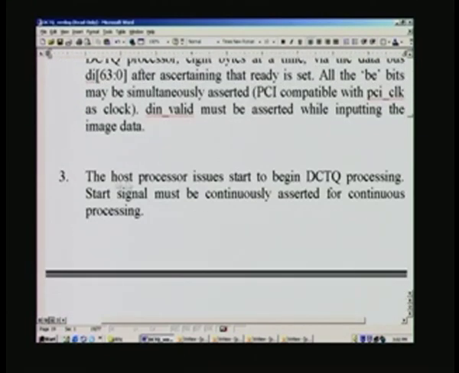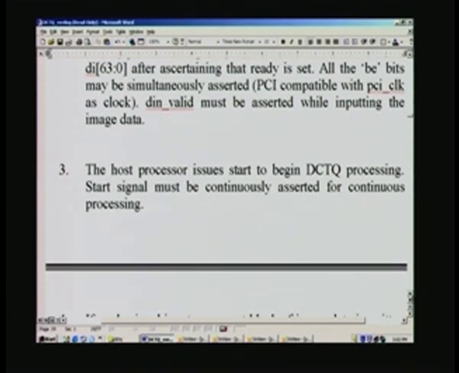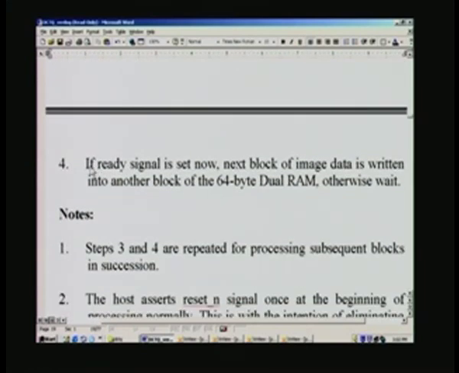And the next point is the host processor issues start to begin DCT processing. The start signal must be continuously asserted for continuous processing. If you withdraw it and apply again, latency will come into the picture, that is the reason. And the fourth step is the last step for the host. If the ready signal is set, and in fact ready will always be high, that means the DCT processor is always ready to receive the input image except for a few clock cycles, right.